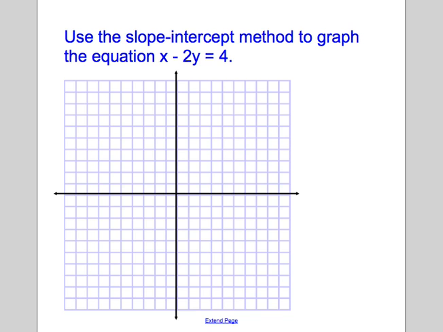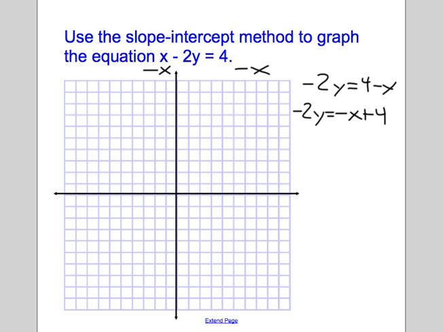I'm going to subtract my x first. So then I have negative 2y equals 4 minus x. But I don't want that x second, because slope-intercept form has the x as the first term, right? So I'm going to rearrange these. Negative 2y equals negative x plus 4, just flip-flopping those, keeping the correct sign in front of them.